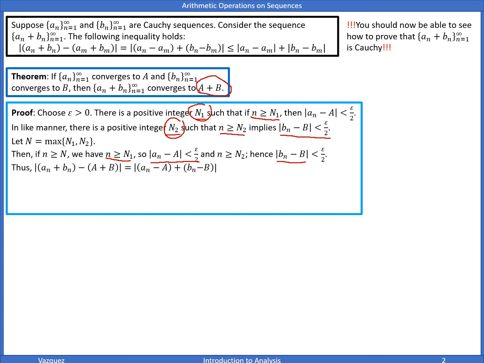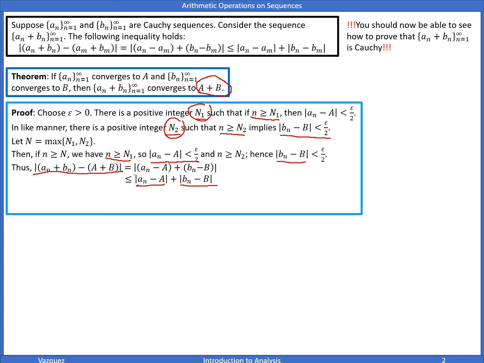Well, what does that tell us? That gives us that if we were to take this sequence, a_n + b_n, and subtract what we're claiming is its limit point, we can rearrange the terms and have it equal to what we have here. And here we can use the triangle inequality to say this is less than or equal to |a_n - a| + |b_n - b|.